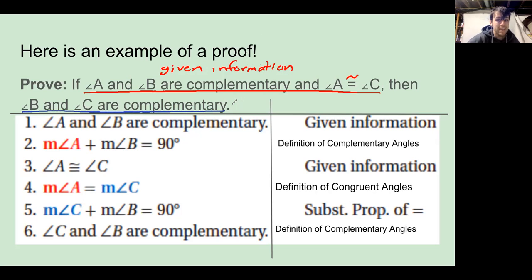This is what we need to end with. This is what we are trying to prove. So notice that what we are trying to prove is always going to be this last statement. So whatever our proof ends with, that's what we were trying to prove, which in this case is two angles are complementary.